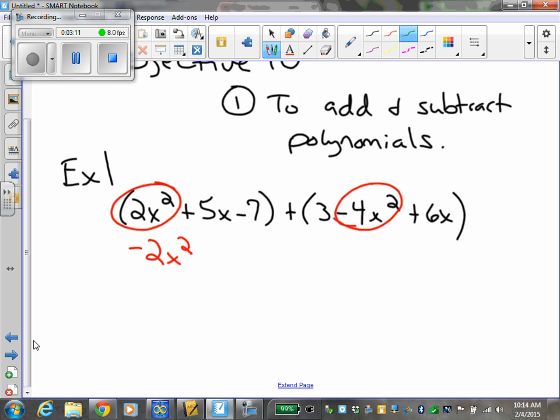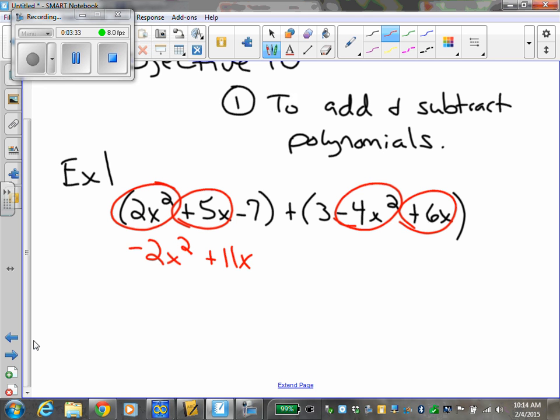1p plus 2p, 3p. Okay, you don't add the exponents. The p's stay the same. So when you add them, they stay the same. Does that make sense? Okay, and so then the 5x is going to match with the 6x. And so when we add 5x and 6x, we get 11x.